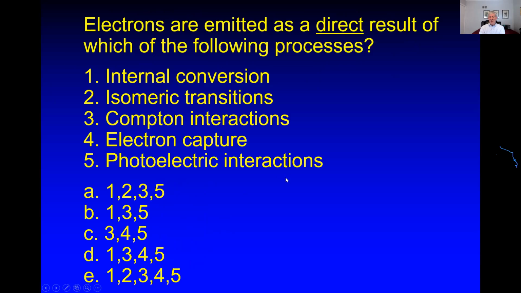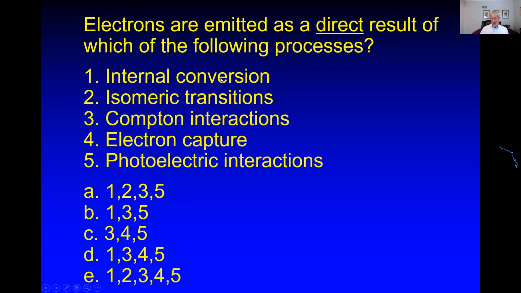Electrons are emitted as a direct result, underline direct result, of which of the following processes? Anybody? B, like Bob. That is actually the correct answer.